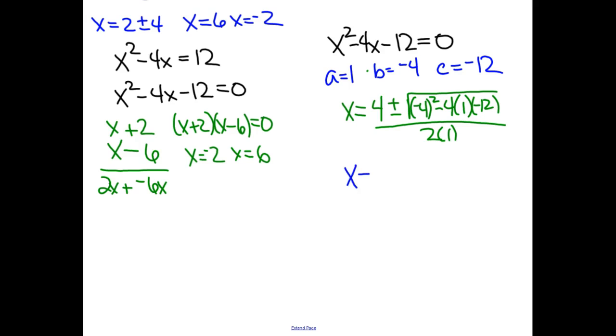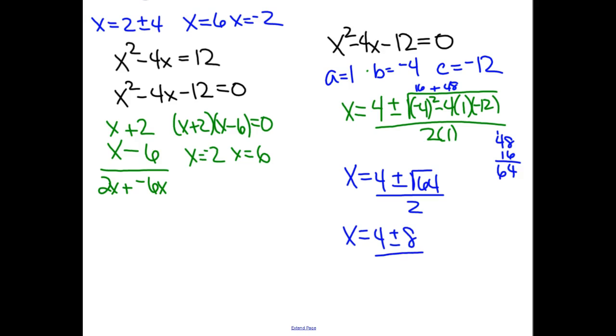So now I've got x equals 4 plus or minus. Let's see what's in our radical. Negative 4 squared is 16. Negative times a negative is a positive 48. Okay, so what's 48 plus 16? 64. Square root of 64 over 2. Well, 64 is a perfect square, so we can say x equals 4 plus or minus 8 over 2.